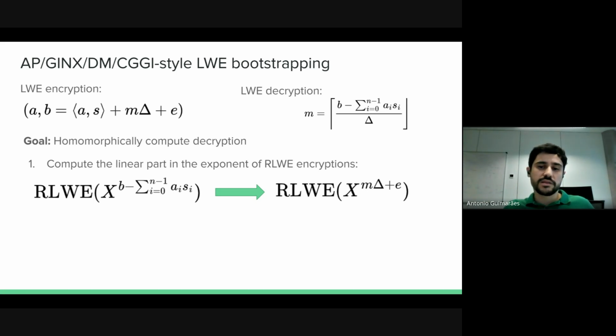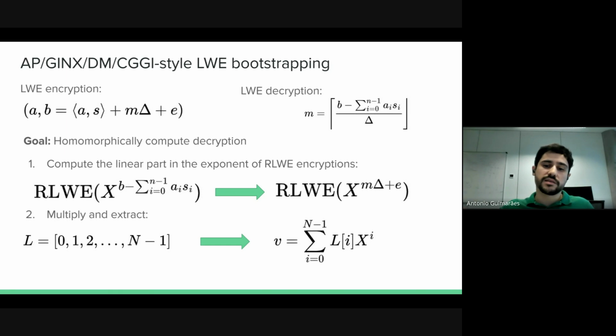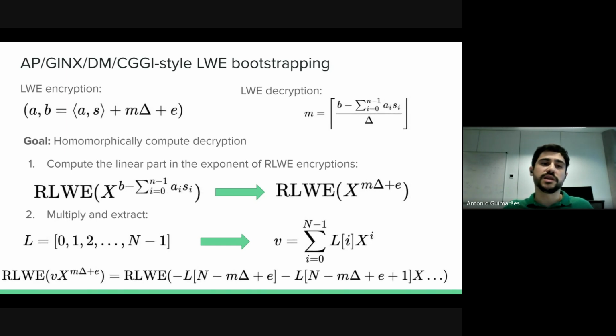Once you have this, extracting back the message and finishing the bootstrapping is relatively easy, at least from the computational point of view. At a high level, you build some kind of lookup table and embed it in a polynomial, and then you multiply this polynomial by the encryption that you have. By doing that, you rotate the polynomial that encrypts the lookup table to a position given by your message plus your noise.